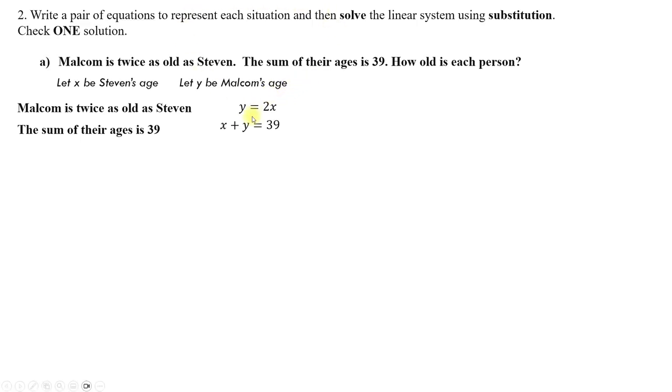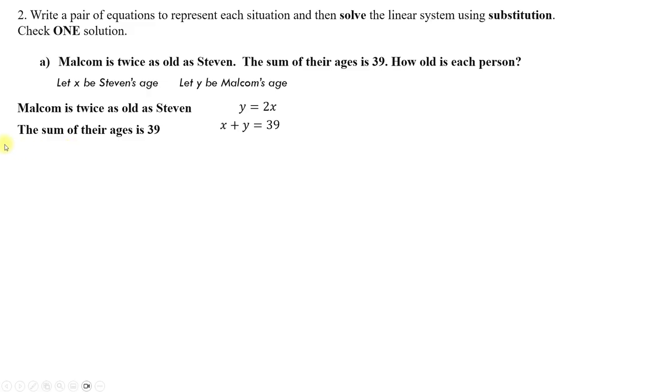The trouble with this equation is this is not yet in slope-intercept form. This is, so we're good with this, we can leave this, but this is actually in standard form. We need to convert this into slope-intercept form where it says y equals something.